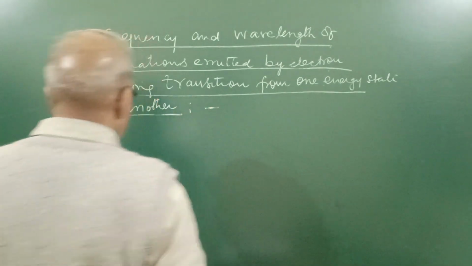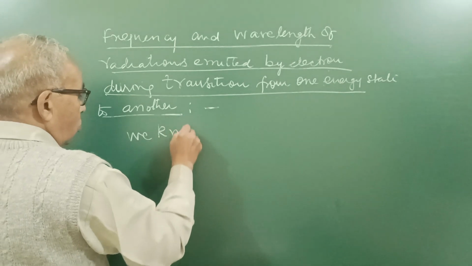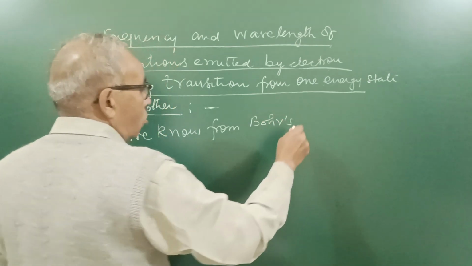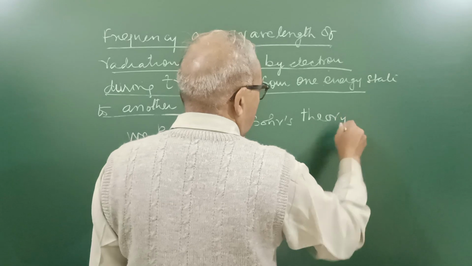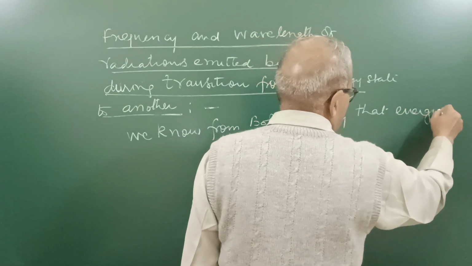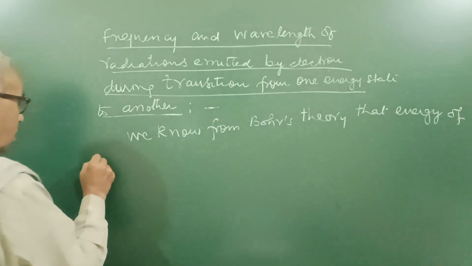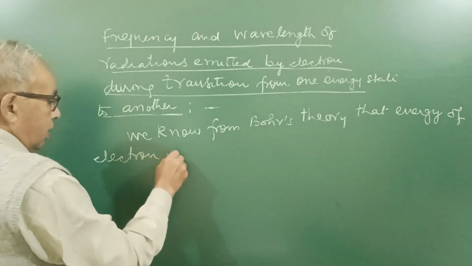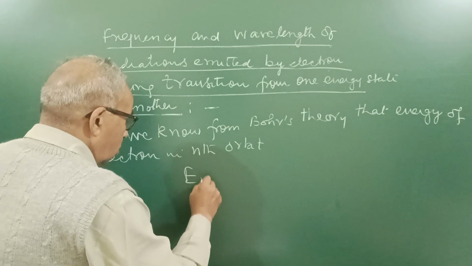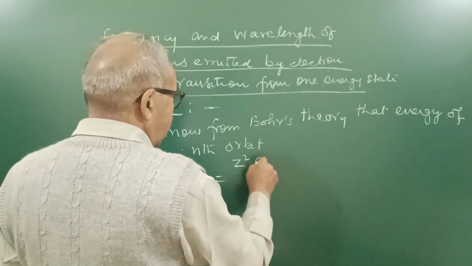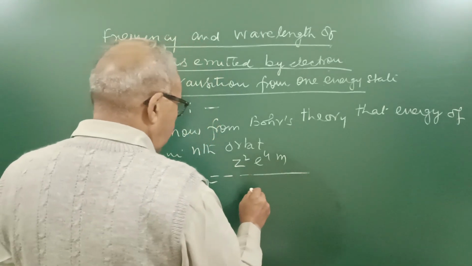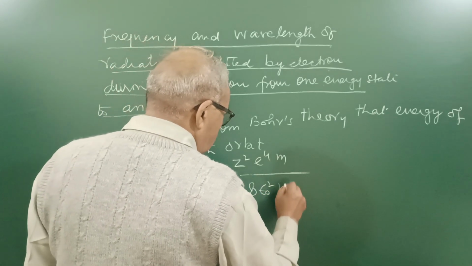We know from Bohr theory that the energy of an electron in the nth orbit, En, is equal to minus Z square e^4 m upon 8 epsilon 0 square n square h square.